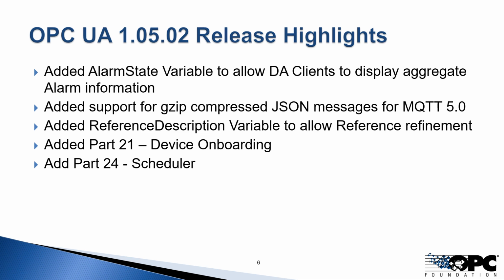We added support for gzip compression to JSON messages for MQTT5, an important part to optimize the transmission of the payload for JSON. We also added a reference description variable. This allows reference refinement in a way to, again, provide more semantics and more metadata regarding a specific reference type.